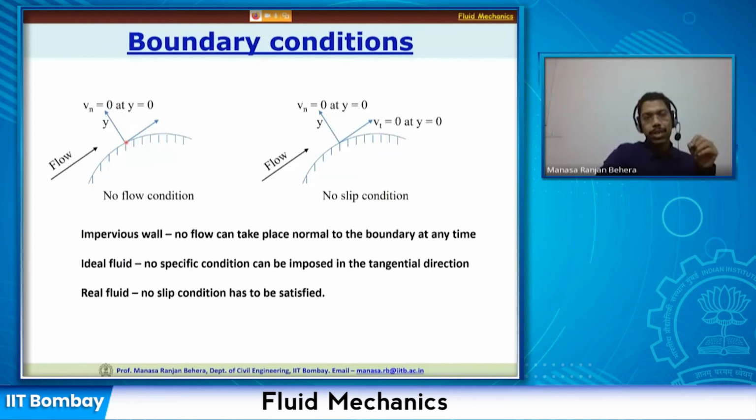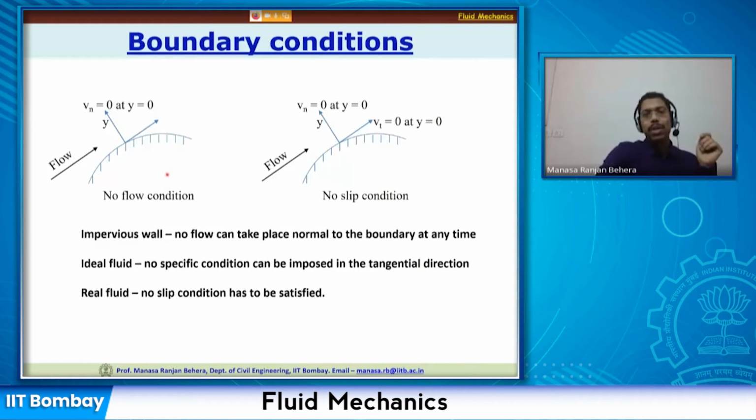That means at the surface, the normal velocity is 0, whereas the tangential velocity can exist. When your fluid is inviscid, there is no viscosity, so there is no resistance. So the fluid can easily move past this surface, whereas it cannot penetrate through the surface. So you have no flow condition in this case.